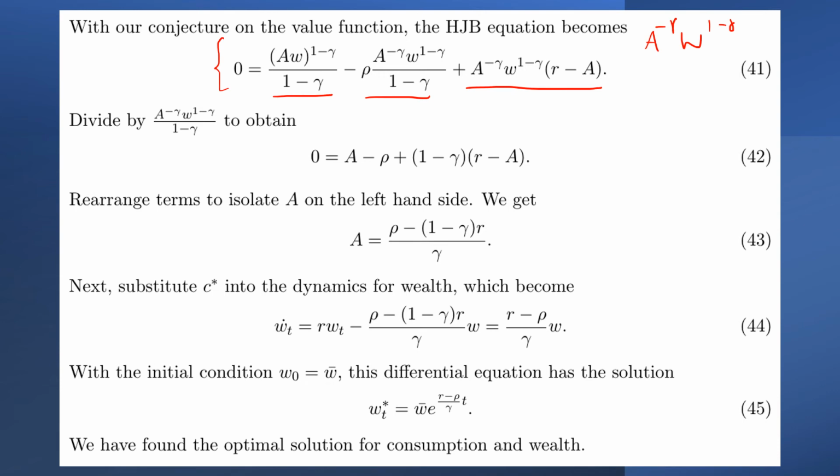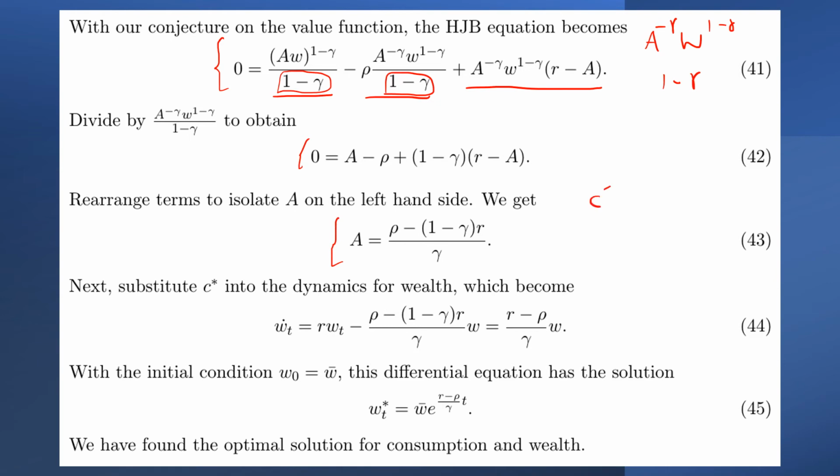So we can divide by that. And then we can also multiply by 1 minus gamma to get rid of the denominators here and here. Doing that, we get this expression, and we can now easily solve for A by rearranging terms, and we get this expression for A.